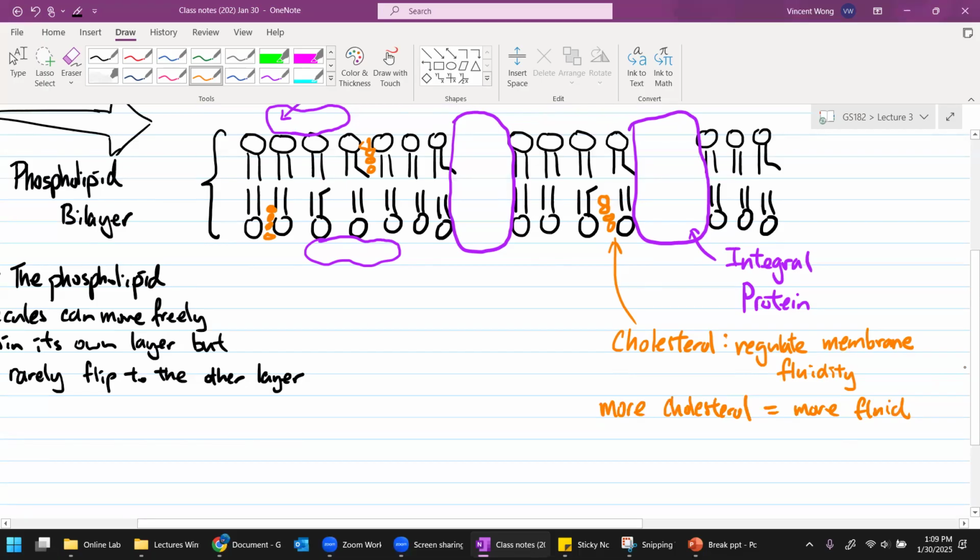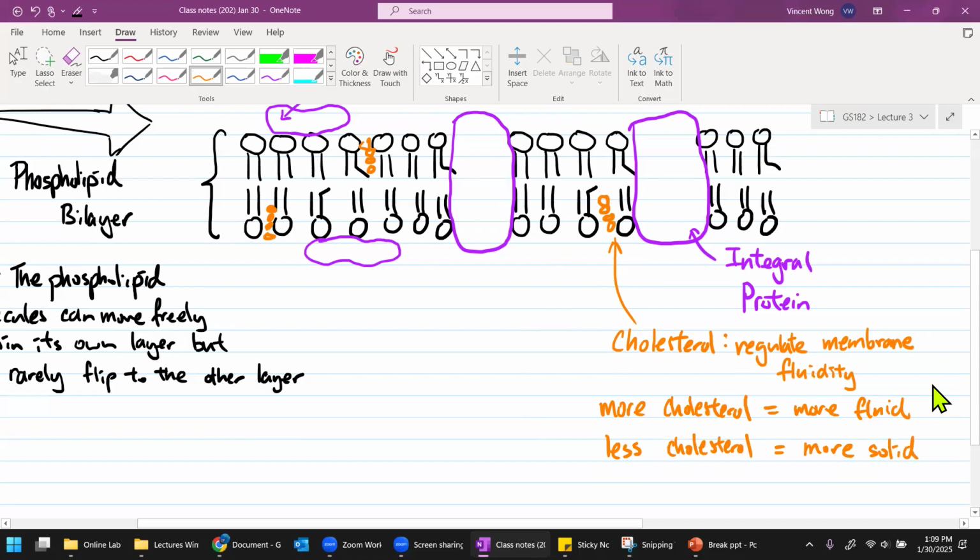Think about it. When things become solid, when things freeze up, they clump together, right? Like things stick together. So if you don't let them stick together, if you keep them apart, then it's going to be more fluid. If you have less cholesterol, then it's going to be more solid.